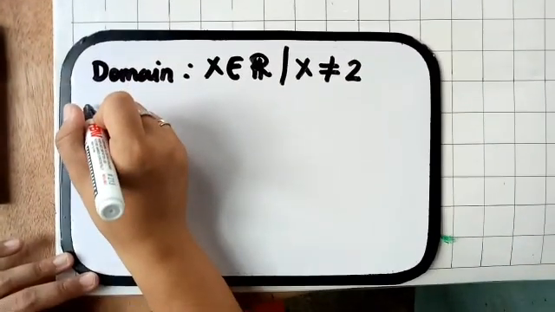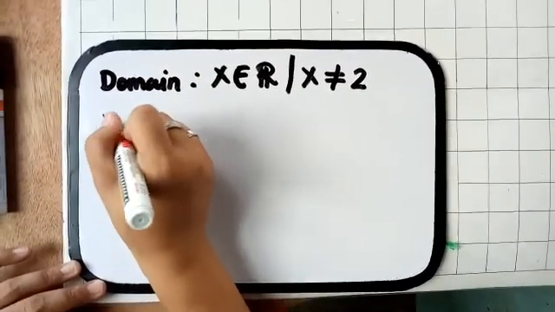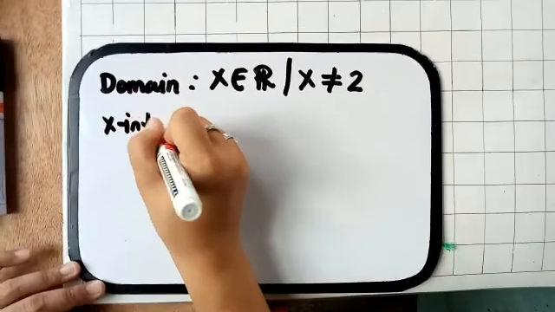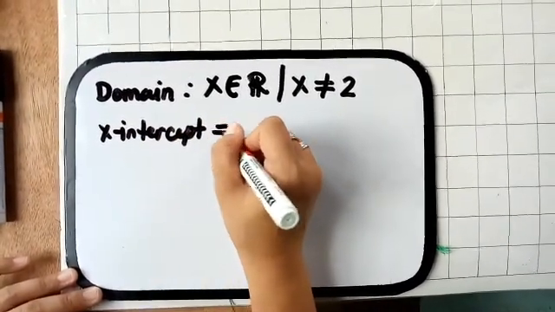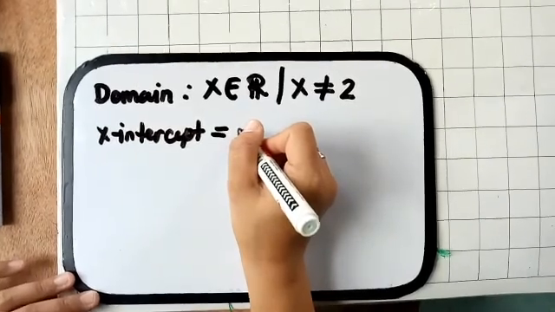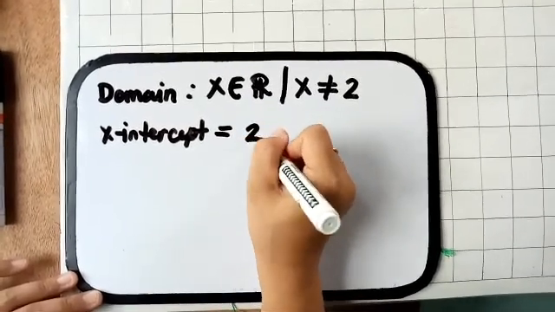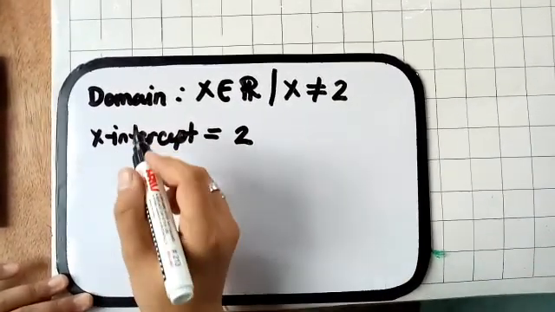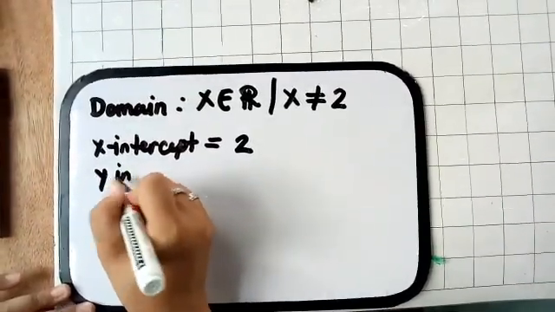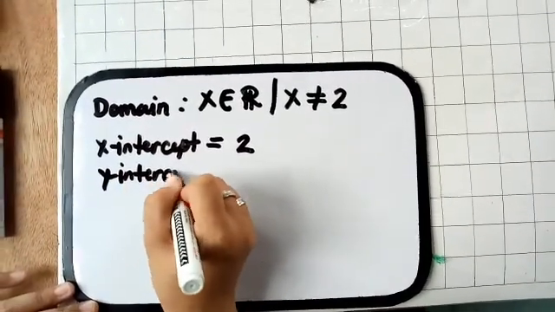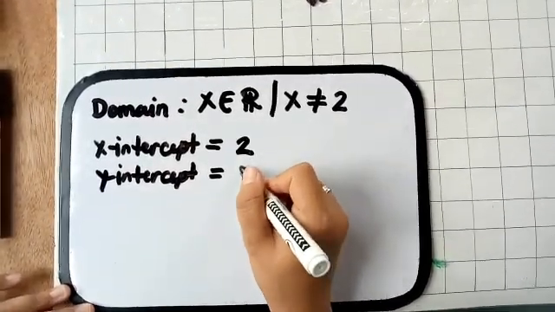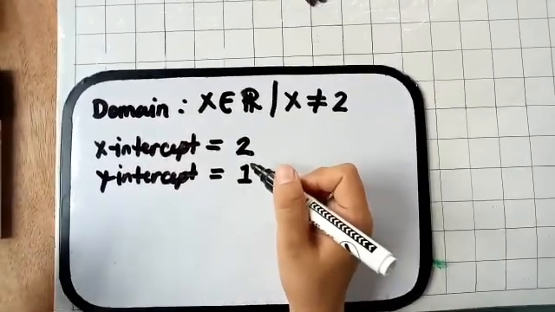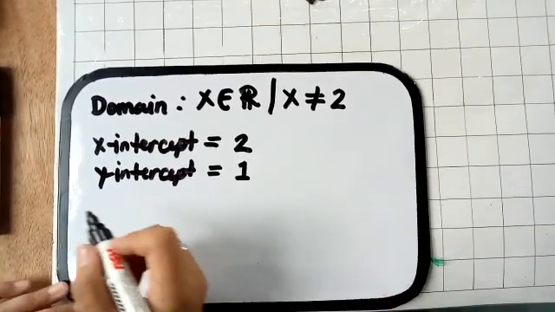For the intercepts, our x-intercept is equal to positive 2.